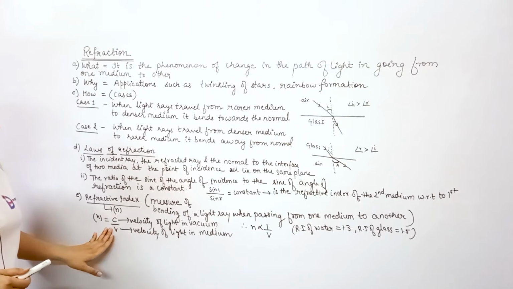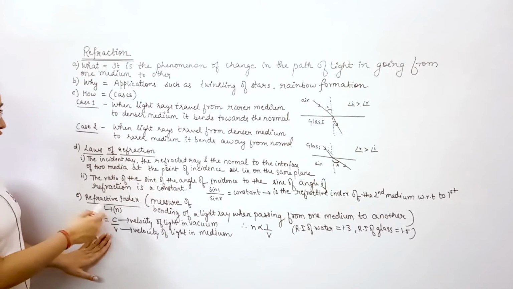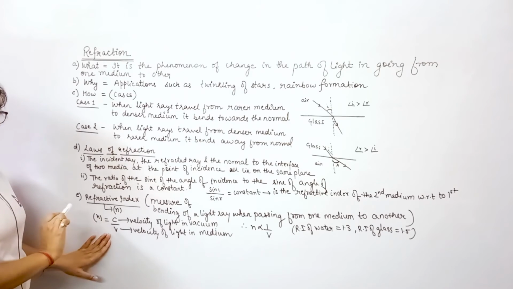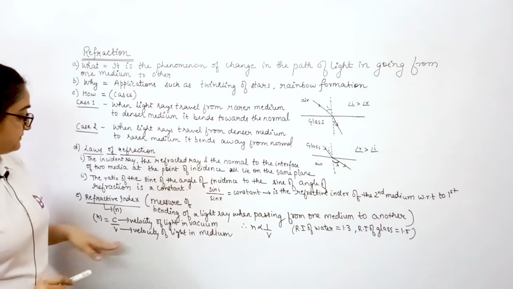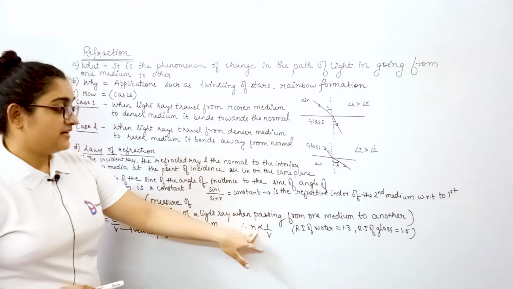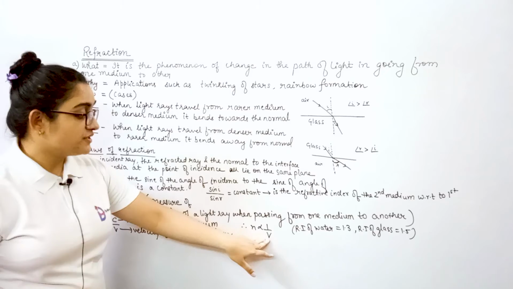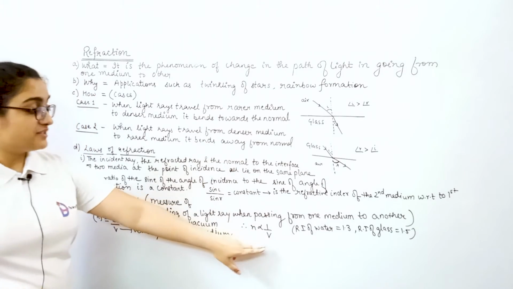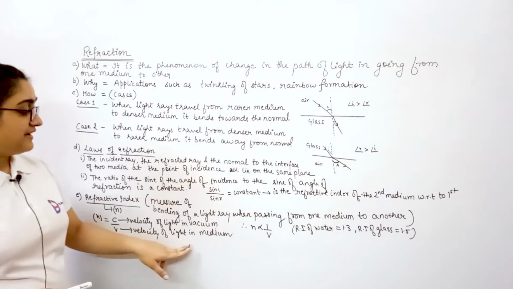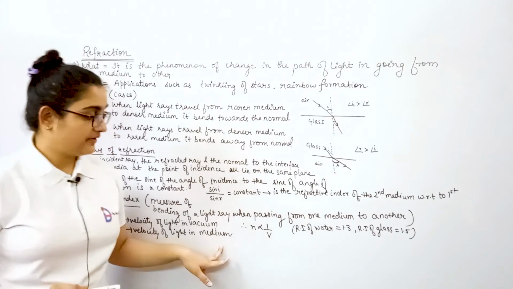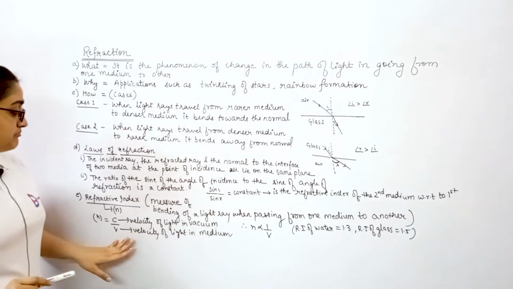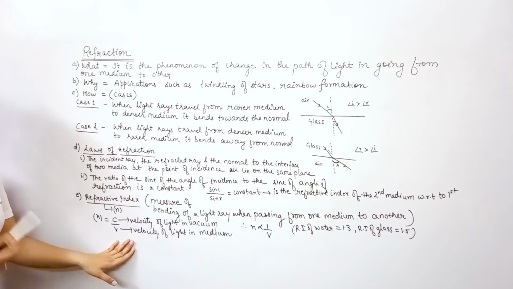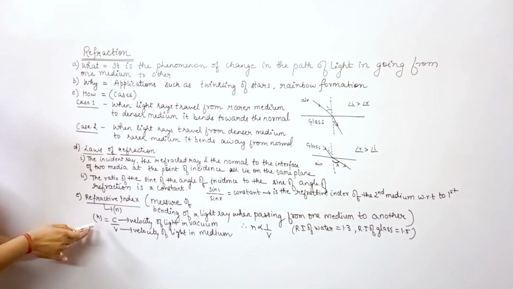What can you conclude with this mathematical relation? What can you exactly conclude from this mathematical relation of the refractive index? That the refractive index is inversely proportional to v, and this v refers to the velocity of light in medium. This is the conclusion which you can draw from this mathematical relationship, okay?